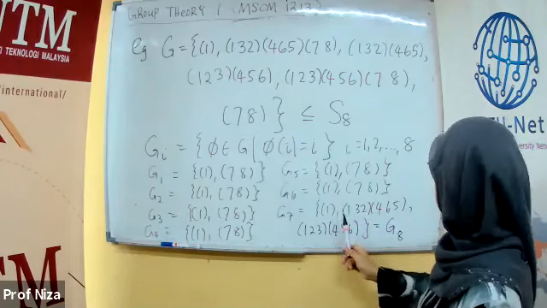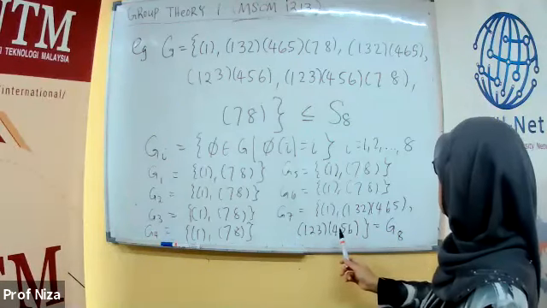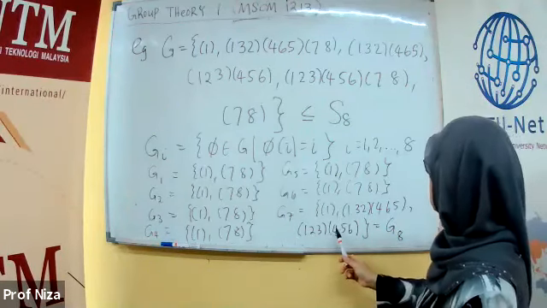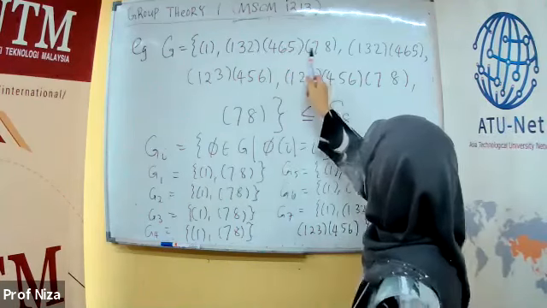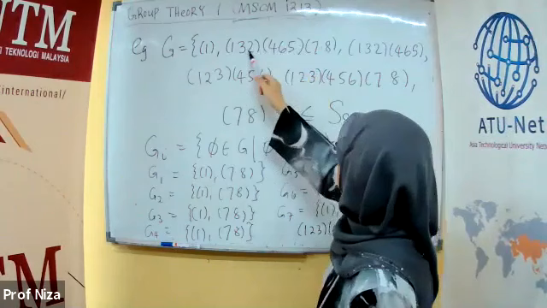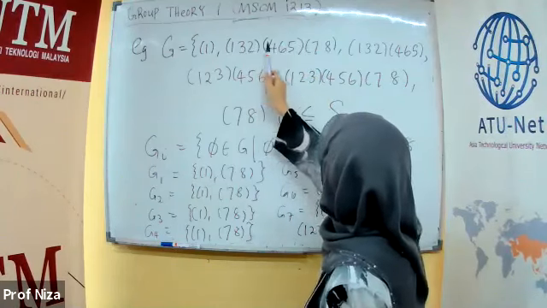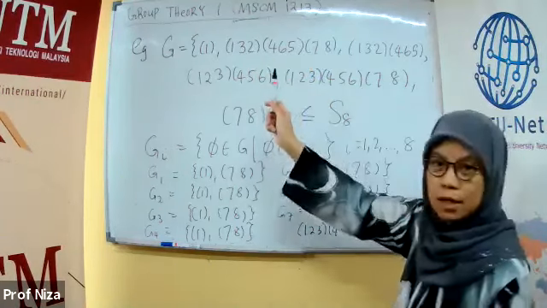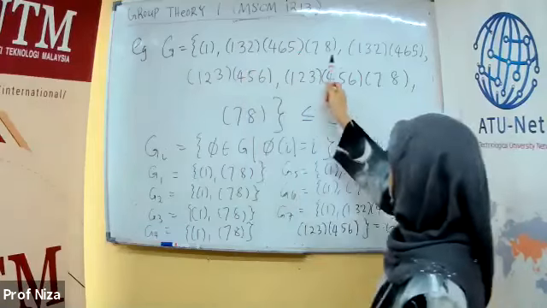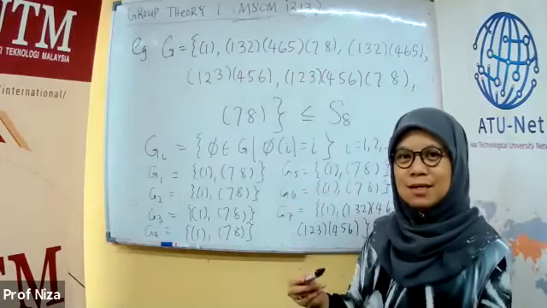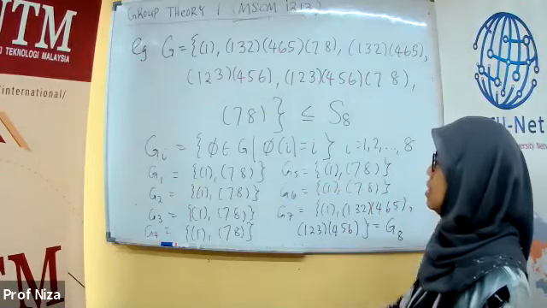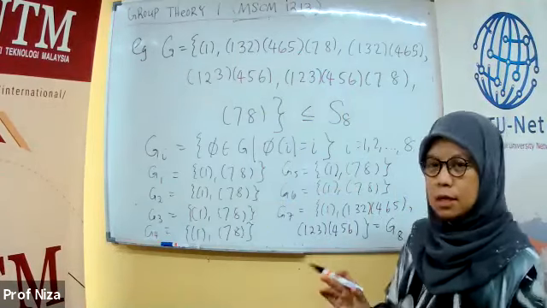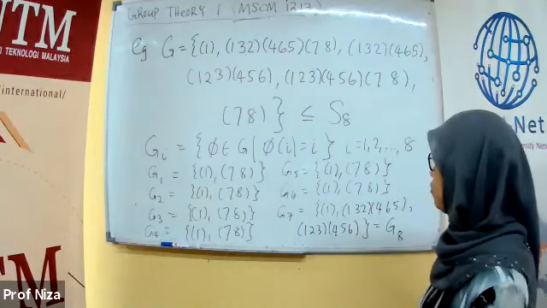Some of them, they are not inside, right? Yeah, like this one, because it has all numbers, right? 1, 2, 3, 4, 5, 6, 7, 8. It has all numbers, so it moves everyone. Okay, so you don't see it inside. Okay, so this is the stabilizer. The other one is orbit. Let's go find orbit.